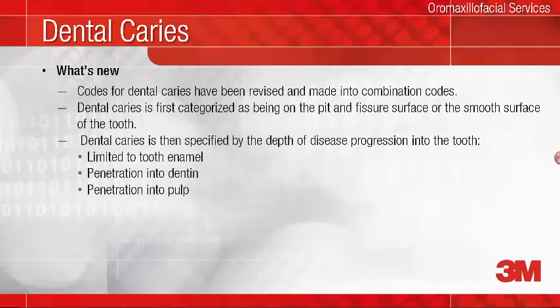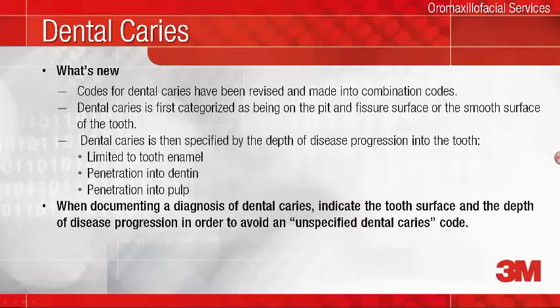It is then further specified by the depth of disease progression into the tooth, either being limited to the enamel of the tooth, penetrating into the dentin, or penetrating into the pulp. So the next time you are documenting a diagnosis of dental caries, please indicate the tooth surface and the depth of disease progression in order to avoid an unspecified dental caries code.